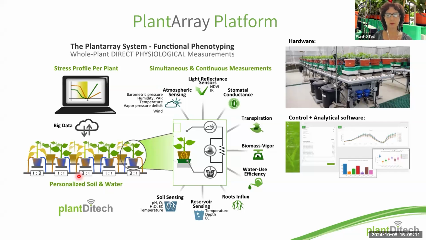In the center of the image, you can see the soil plant atmosphere continuum measurement. All the traits in green describe the physiological measurements, and all the measurements in blue are the environmental sensing, the soil, the atmosphere. We measure the plants about 500 times a day, so it's on a continuous basis.